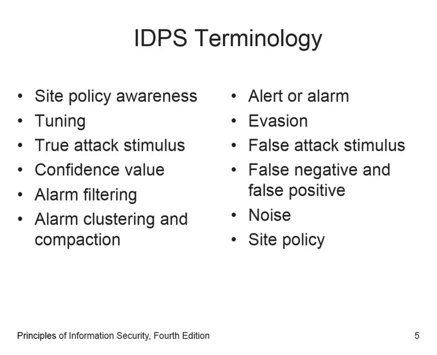Identical alarms that happen at close to the same time can be grouped into a single higher level alarm in a process called alarm clustering and compaction. The ability to detect the attack has a percentage of error, and the value associated with an IDS's ability to detect and identify an attack correctly is called confidence value.